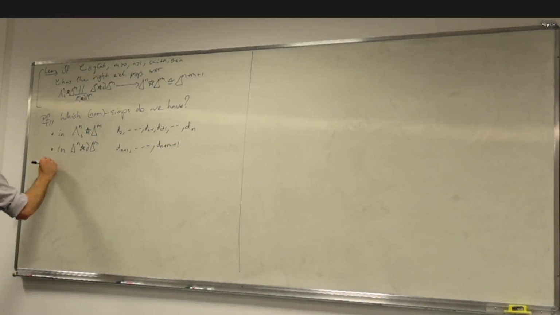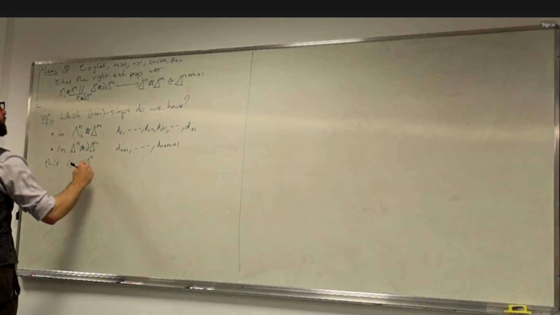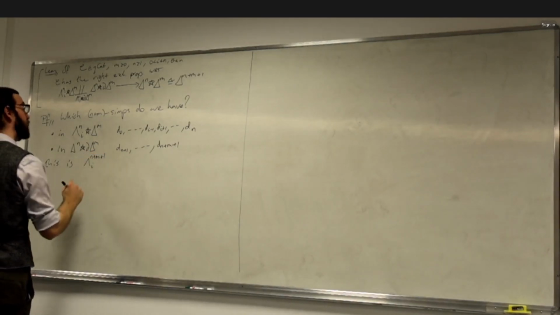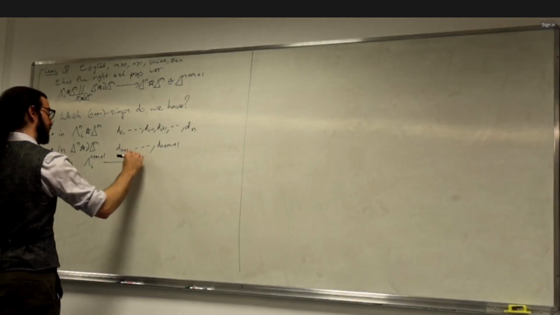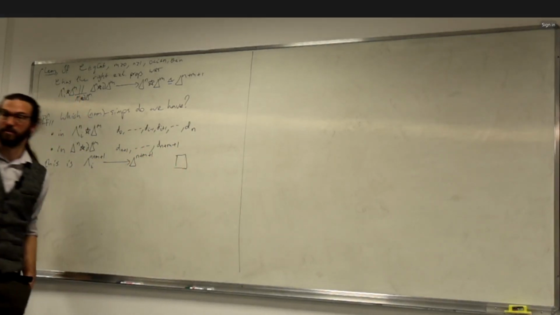So this is lambda^{n+m+1}_i to delta^{n+m+1}. And again, the proposition is proven.